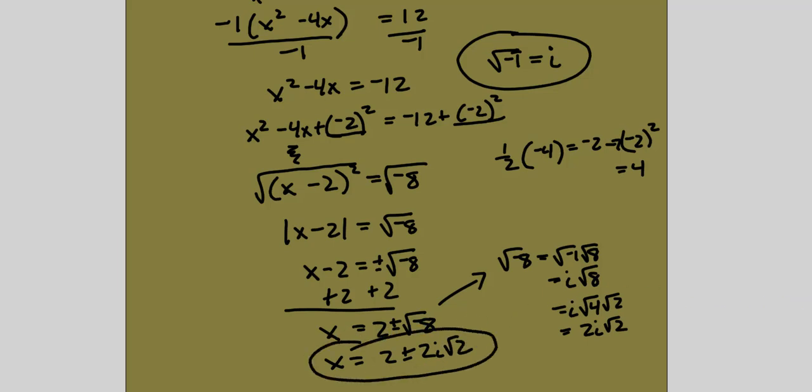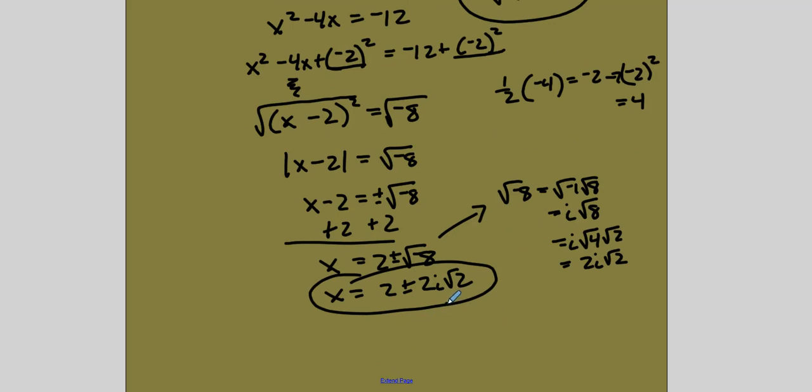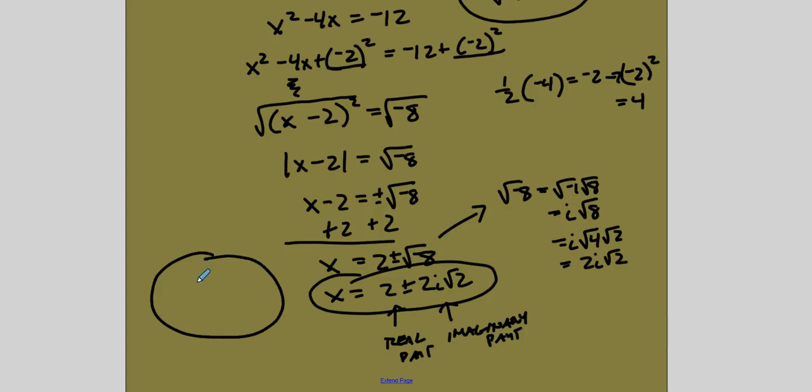This is called a complex number, because this is what we call the imaginary part, and this is the real part. So without going into, again, a lot of detail, all real numbers are contained in what we call the complex numbers. So real numbers are actually a subset of the complex numbers.